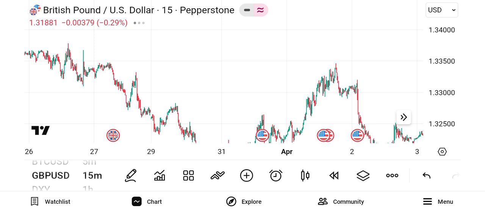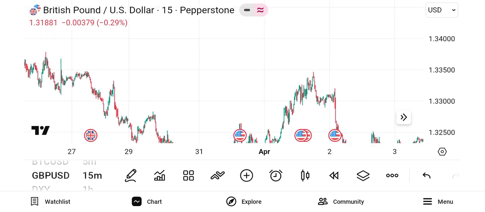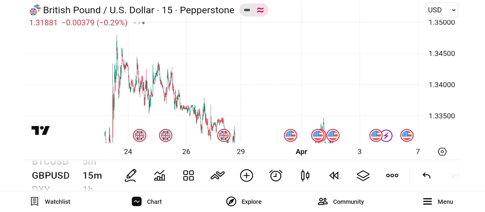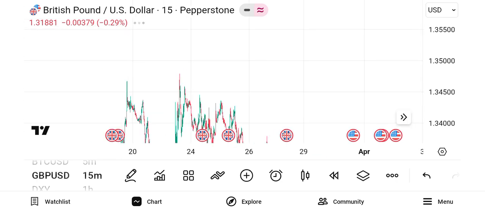If it doesn't align cleanly, it's better to ignore it. So that's the trend.